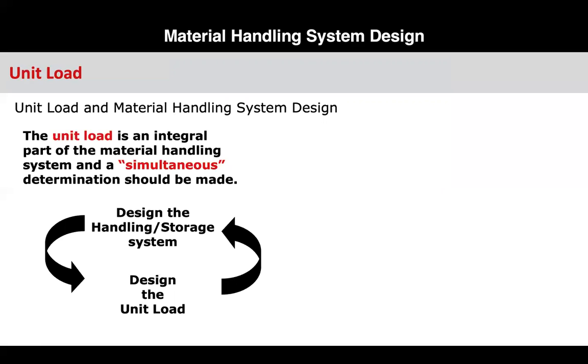You don't design a unit load without thinking downstream or upstream of what the handling and storage system is. It has to be a very integrated decision. You're creating a system here, so you don't want to be moving stuff in and out of containers for no reason.